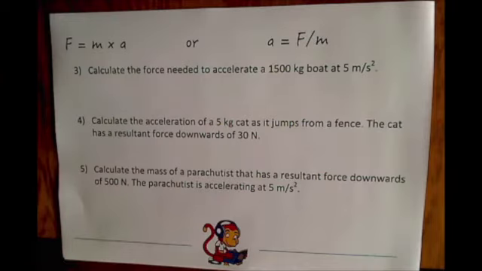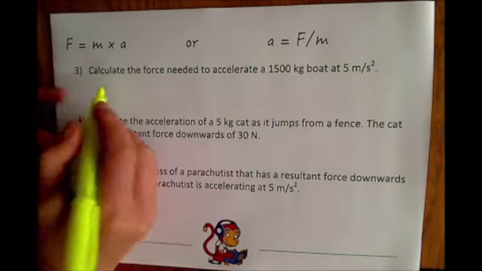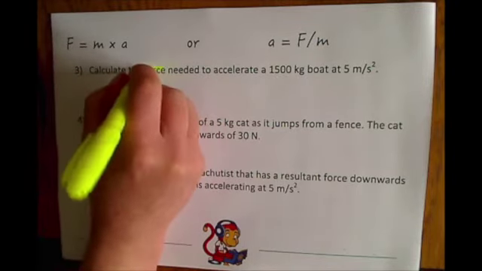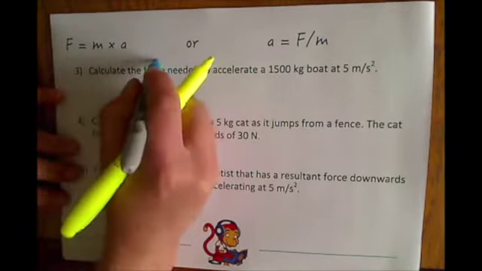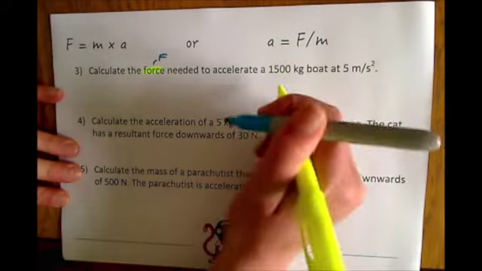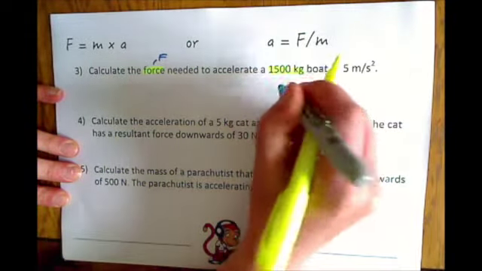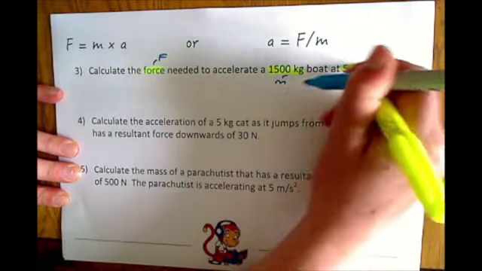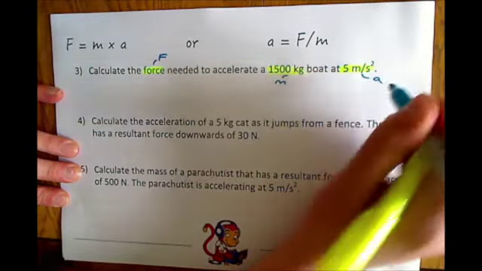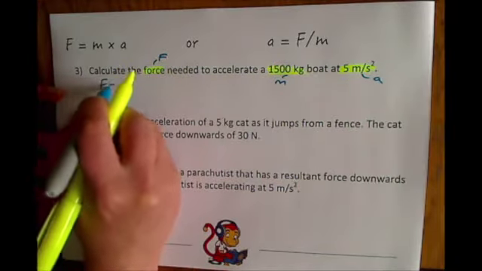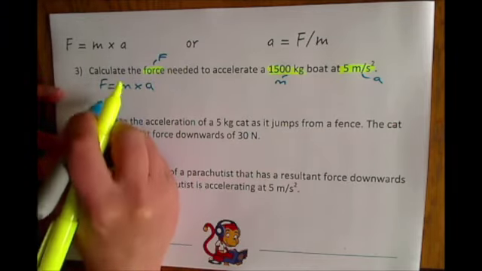Okay, so here's a few for you to try. If you pause the video, calculate the answers to these questions and then come back and see if you got them right. So for question 3 we need to calculate force, so we need to calculate F, and we've been given a mass and an acceleration, so we need to use the equation F equals m times a, put our numbers in.